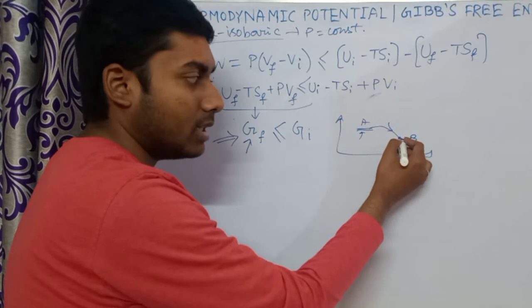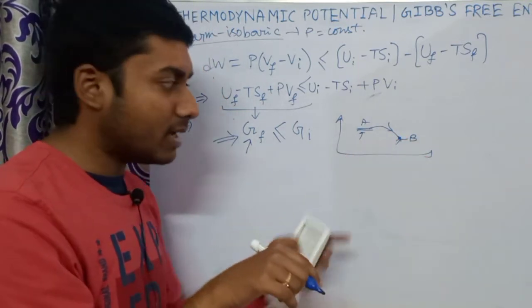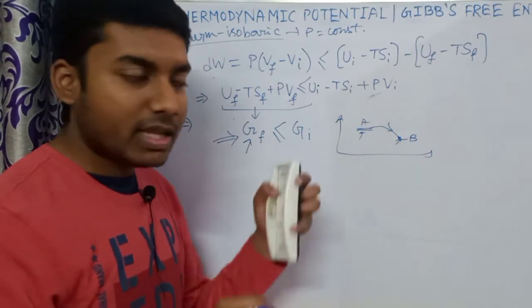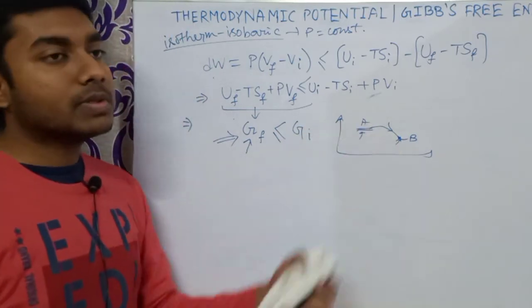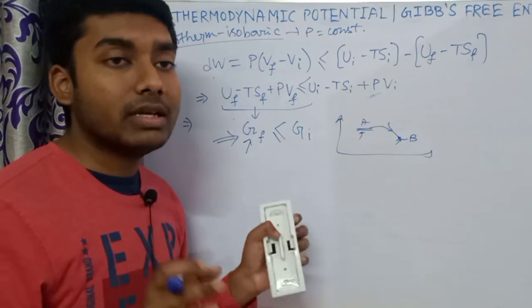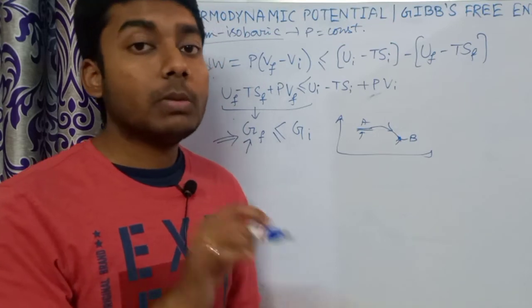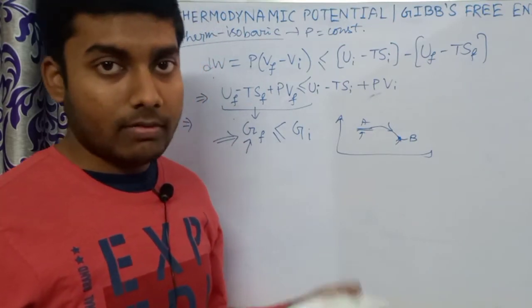As this is going lower, that means this is the stable state. That means the system is always tending to go to the minimum of the Gibbs free energy, right?